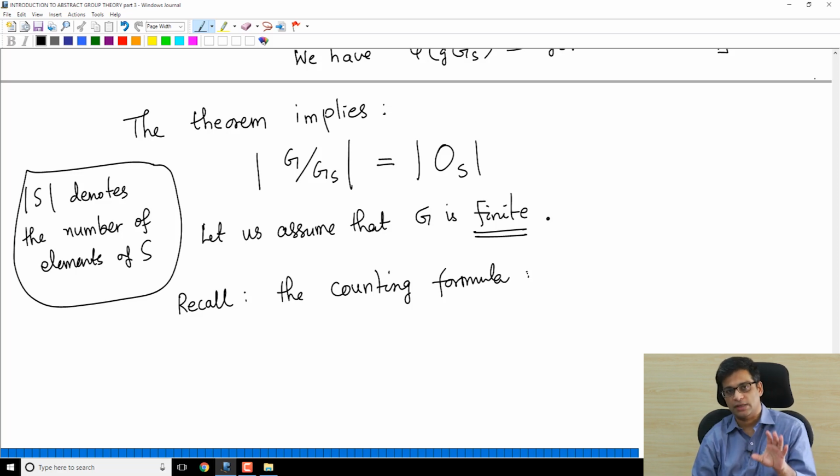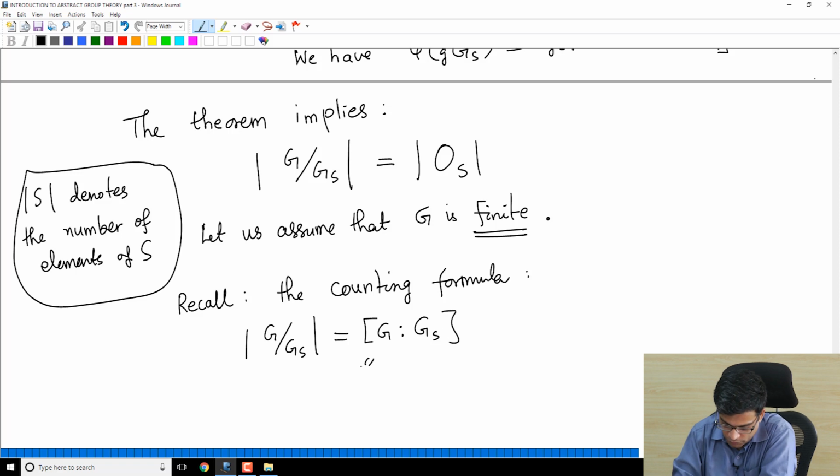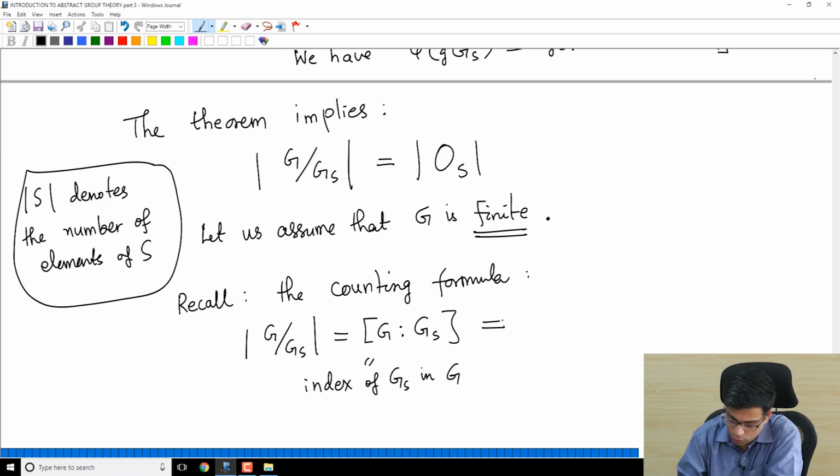If G is a group and H is a subgroup, the number of left cosets is equal to the order of the group divided by the order of the subgroup. So G mod GS, the index of GS in G, is equal to the order of G divided by the order of H.